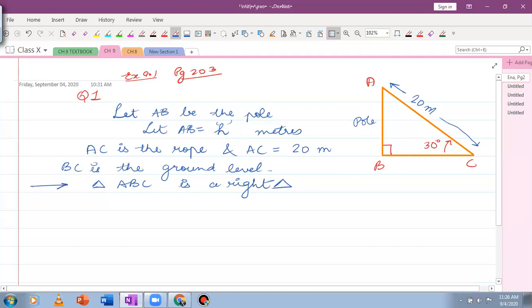So this is the most important thing, that ABC is a right triangle. And now we are going to apply the trigonometric ratios, which will use the height and this, the two values, which I need to find out. And once again, because this is the acute angle that I have, this is the base and this is the perpendicular. So I'm going to write down the ratio of perpendicular and hypotenuse.